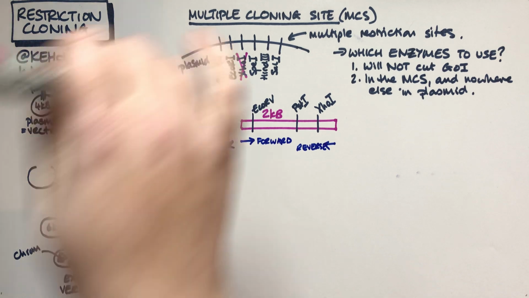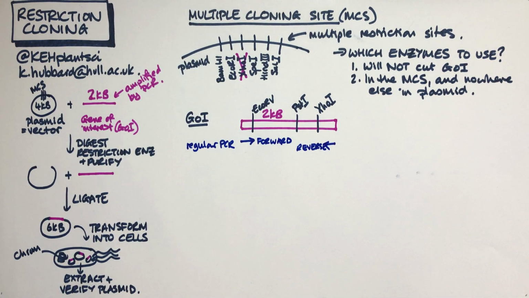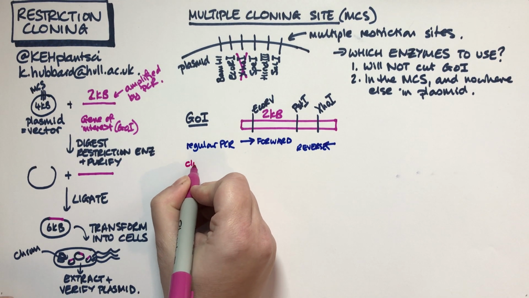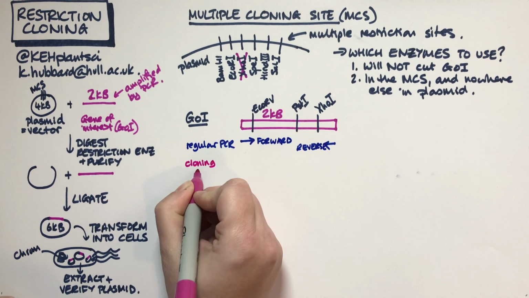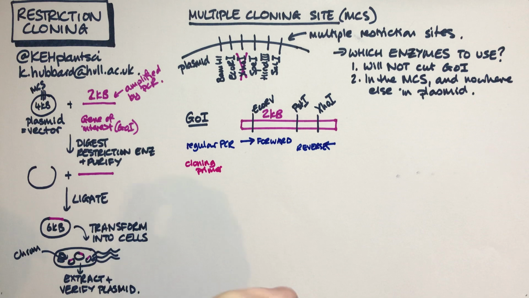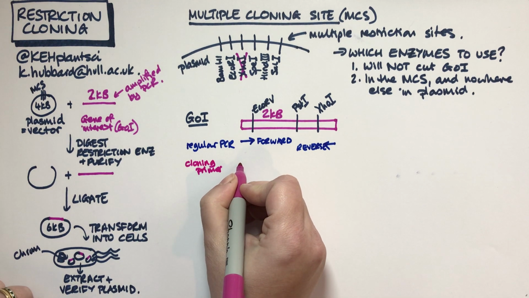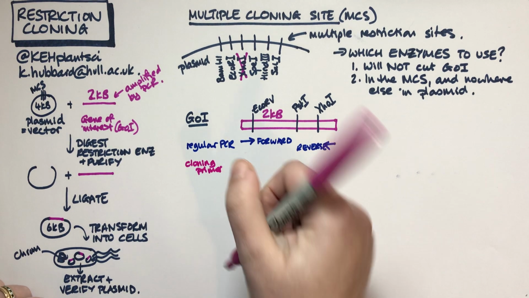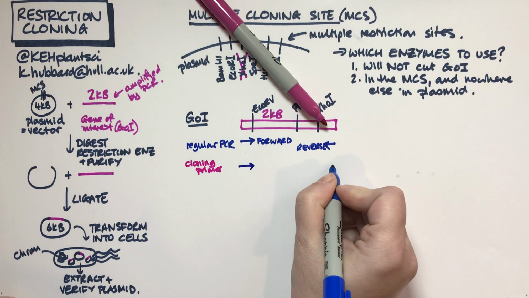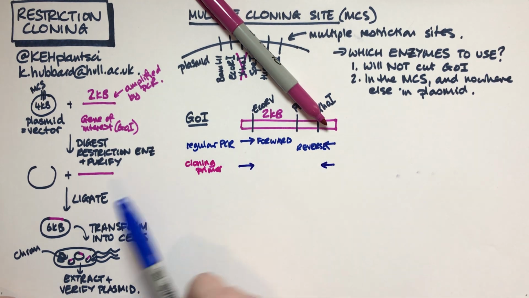What we do with cloning is to modify this a little bit so that we have a cloning primer. And that cloning primer is a little bit different. So it has the same sequence to start with. Let's put that in the blue. So it's got the same bit as the regular PCR sequence if we're trying to amplify the whole gene.